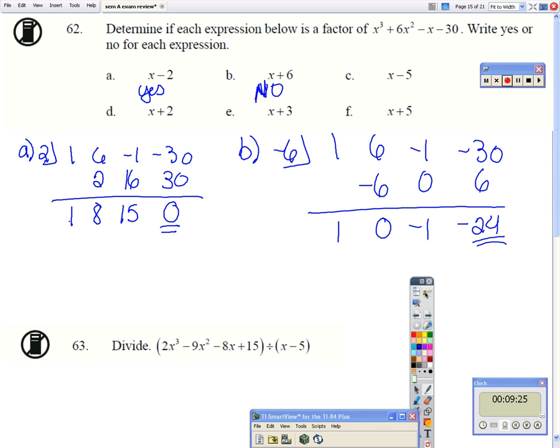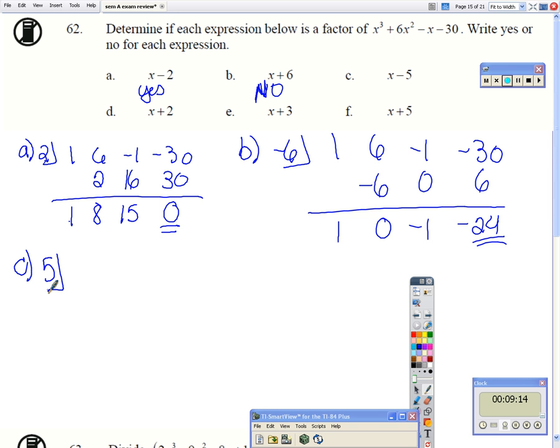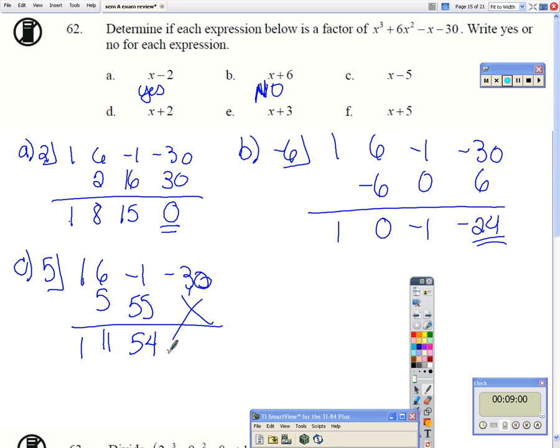Okay, so I'm going to go through. I have to do the other 4. So for C, I'm going to use synthetic division with 5. Well, 54 times 5 is not going to give me positive 30, so I'm not even going to bother to do that with no calculator.